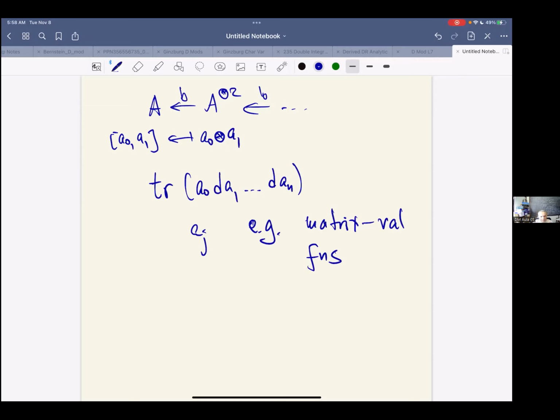I would add that modding out by commutators is like the Big Bang, because cyclic homology is the derived functor of dividing by that. In your K-theory paper, you take free ring resolutions and mod out by commutators, and you get cyclic homology.